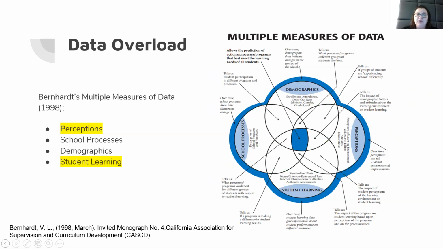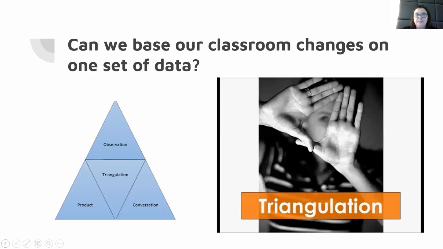So we have to remember that we're going to focus on this for our classroom for perceptions and student learning, but there are so many other data sources. So we have to really know how our system is in place and how we're going to collect the data so that we can monitor it in order to be effective and efficient.